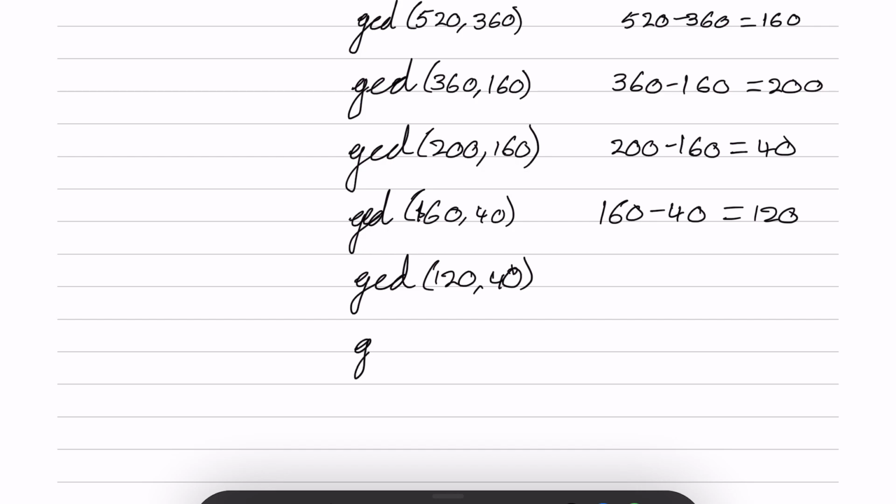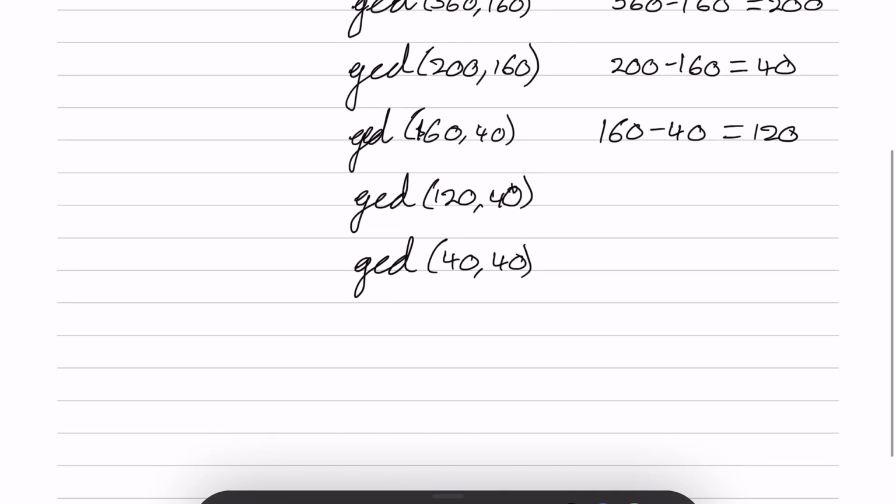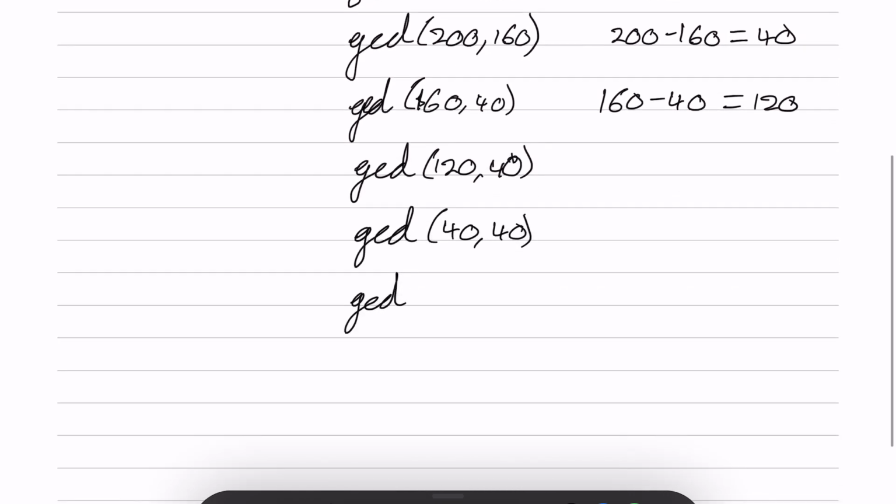Performing our subtraction again, we get 120, GCD 120 and 40, and we do this two more times until we get a GCD of 40 and 40.